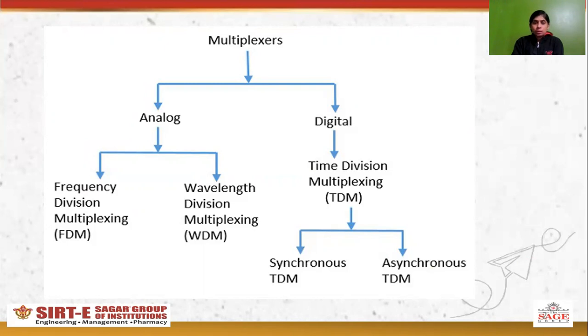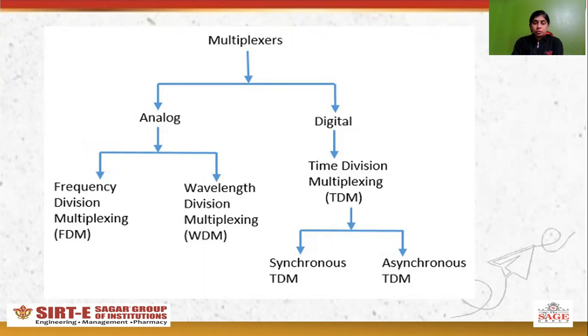Analog signal based techniques are frequency division multiplexing and wavelength division multiplexing, and the digital signal based technique is time division multiplexing. And again, time division multiplexing is divided into two types: synchronous time division multiplexing and asynchronous time division multiplexing.